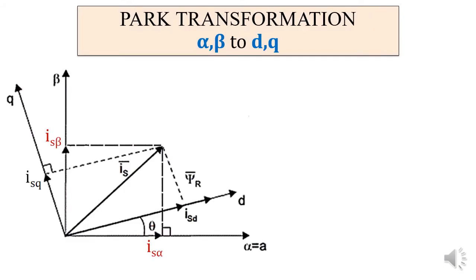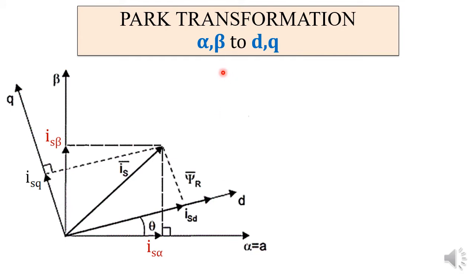Next is the second phase of transformation in vector control, that is Park transformation. Here the transformation is from alpha beta to DQ frame. So this alpha beta system was obtained from Clarke transformation, and after that the system of currents IS alpha and IS beta are used to transform to a DQ system of currents.